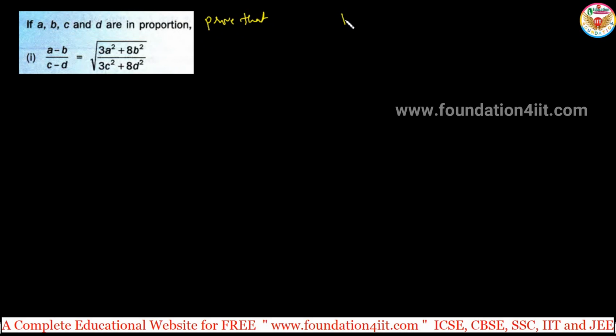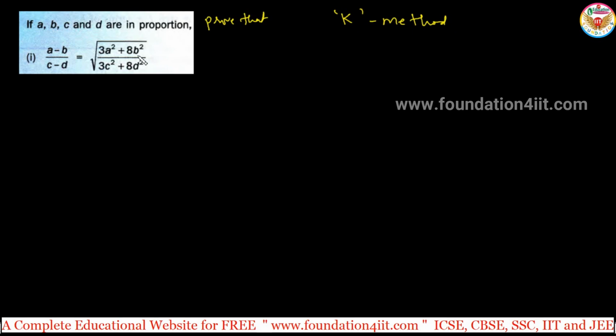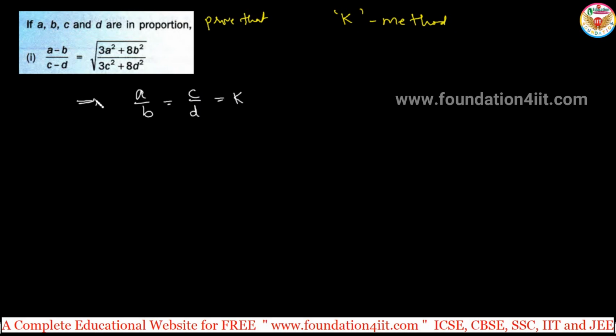This is called the alternative method or K method. Okay, see the step by step. The given condition is A, B, C, D are in proportion. That means A by B is equal to C by D. Let A by B equal C by D, which you already know, be equal to K.